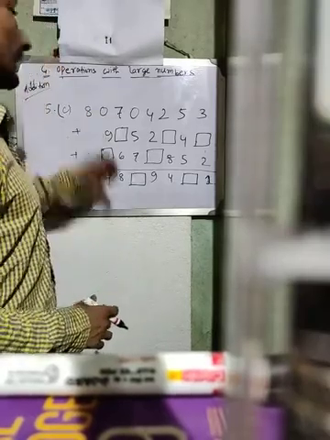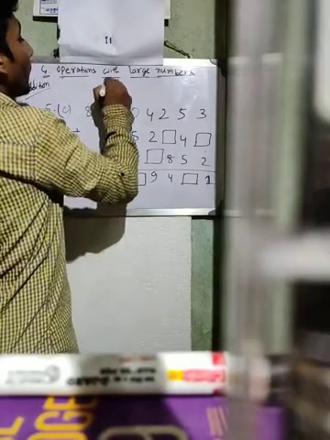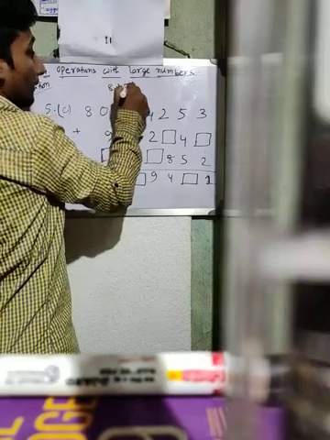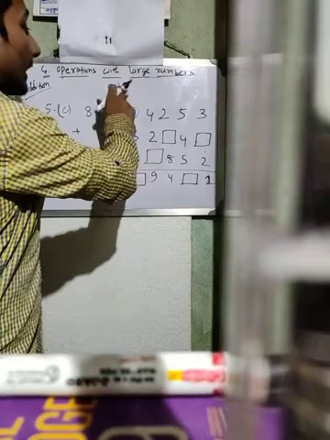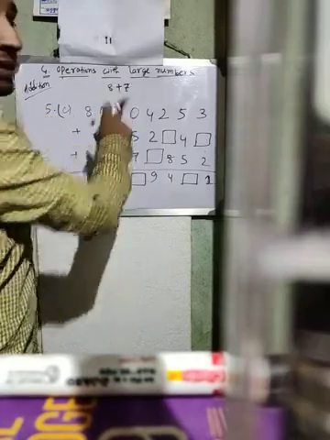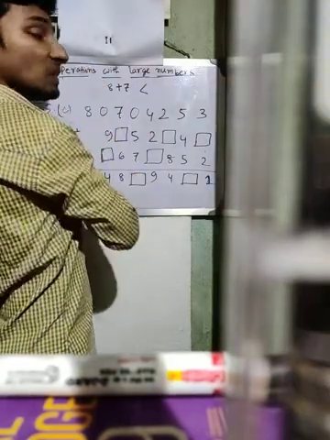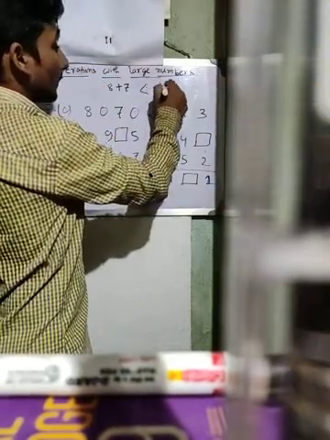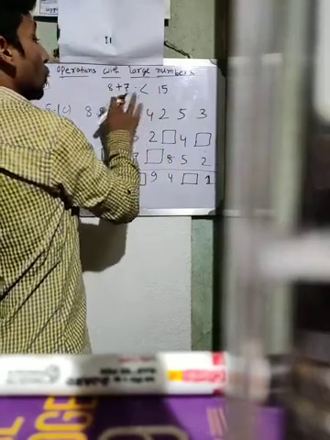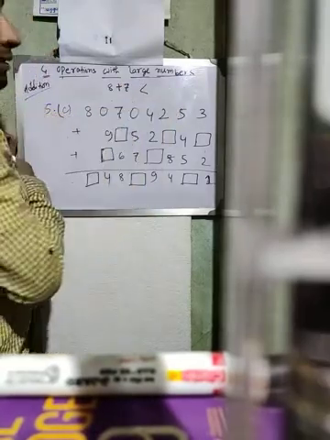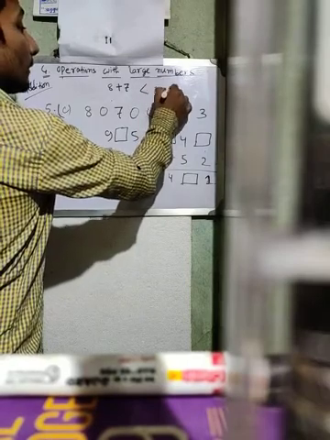Before starting this, suppose I ask you: 8 plus 7 equals 15. Can the sum of 8 and 7 be less than 8 or less than 7?